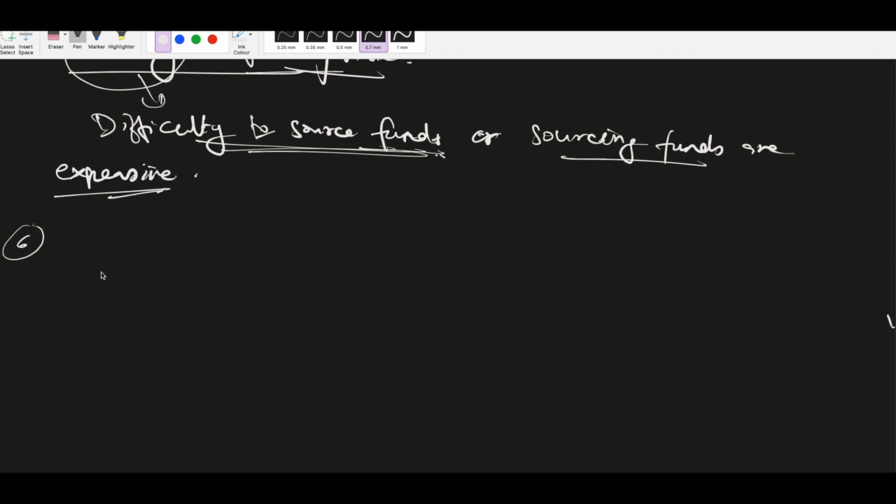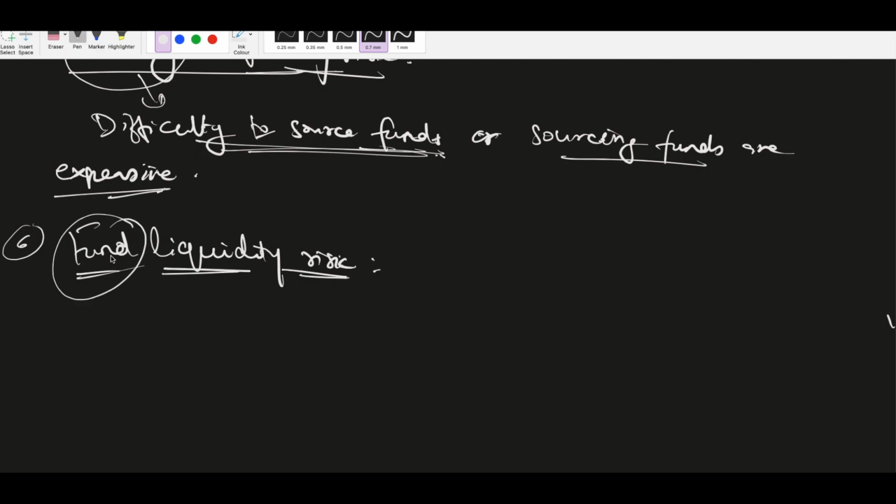Then fund liquidity risk. This pertains to something like mutual funds or hedge funds which are facing, let's say, severe redemptions.